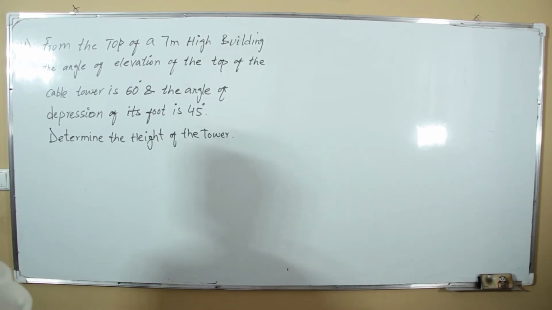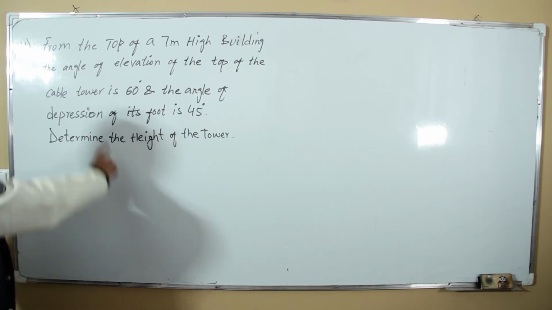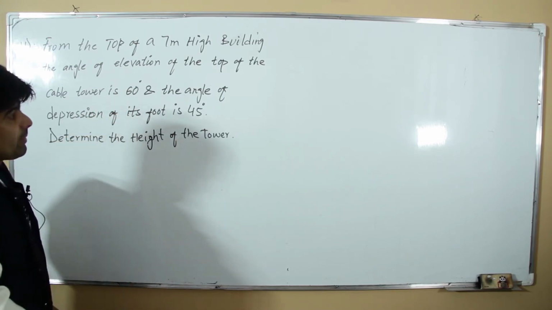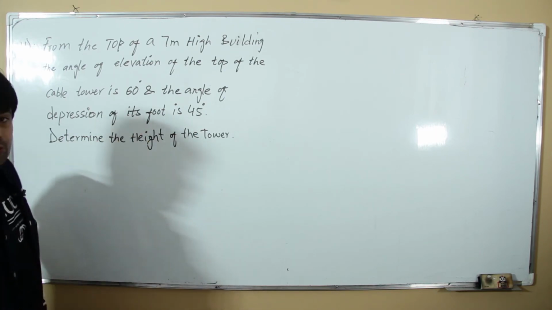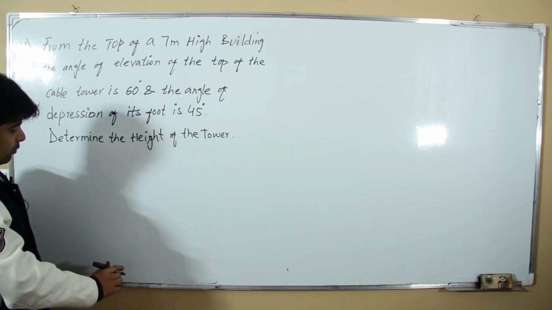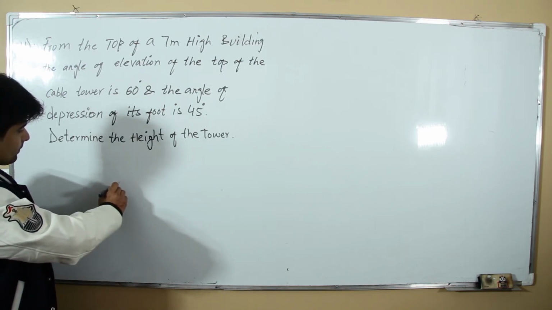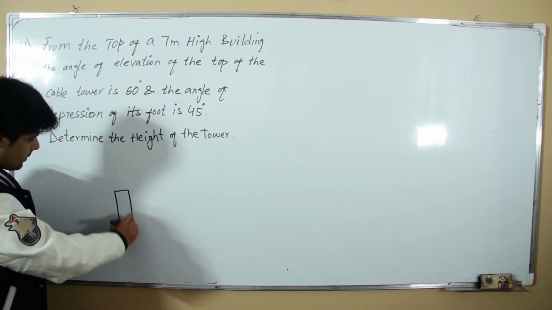Question number 11. From the top of a 7-meter high building, the angle of elevation of the top of the cable tower is 60 degrees. The angle of depression of its foot is 45. Determine the height of the tower. What do you mean? Suppose we have a building here. This is our building.